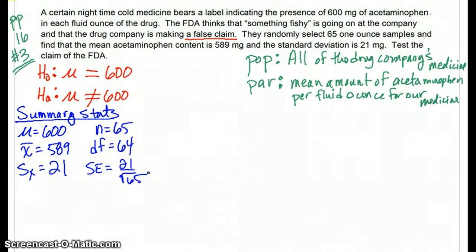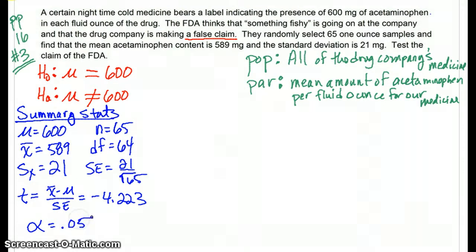I'm just going to leave it like that. And that allows me to calculate our test statistic T, which of course would be x bar minus mu over the standard error. In this case, that's going to be negative 4.223. We are not given an alpha level. Therefore, I'm going to pick the standard alpha level of 0.05.